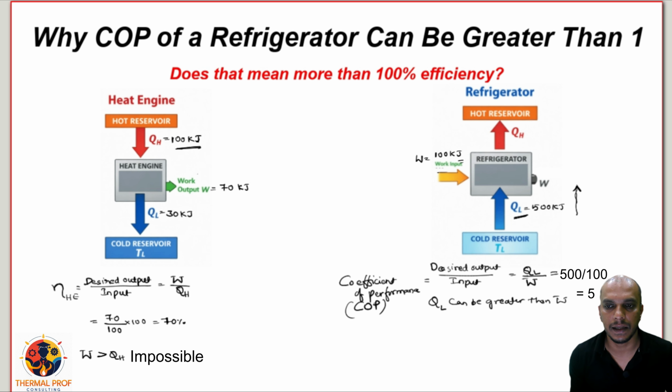It can be less than 1 also, but in most of the cases it could be greater. Now, QH can also be determined. So, for example, this would be 600 kilojoules. That is why it doesn't mean that it is more than 100% efficiency. We are saying that you can have heat removal greater than that of work. Thank you.